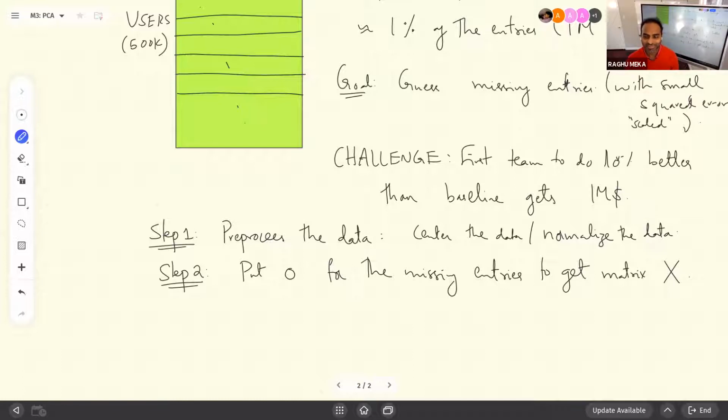But now, 0 is not a good guess. The mean is not always a good guess for all of the remaining movies, right? You want to use some other information about filling these entries. So what would be the next step? How can I refine this X to potentially get a better approximation to the missing entries?